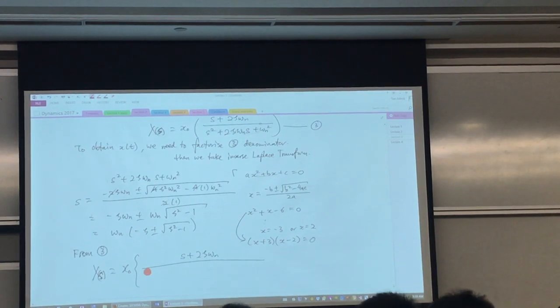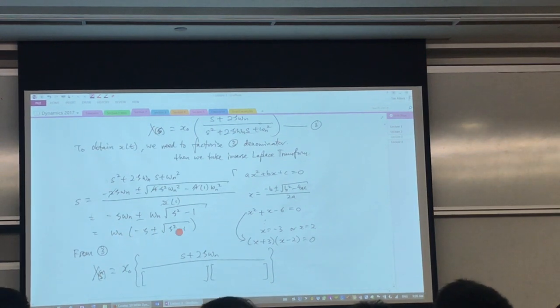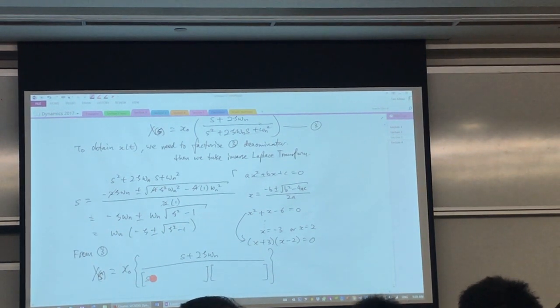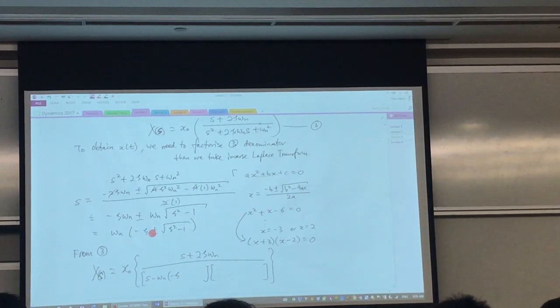So in order to put it into two brackets that multiply each other, I'm going to make use of this term. So it's going to be s minus omega n minus zeta, and I'm going to use the first one first, that's plus square root zeta squared minus 1.